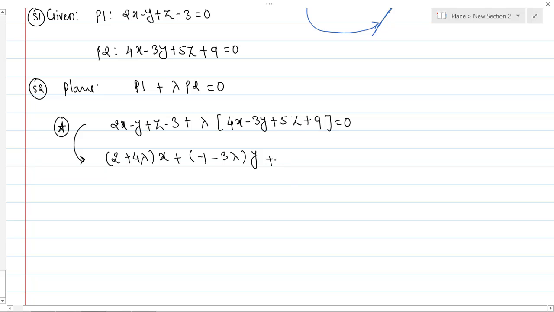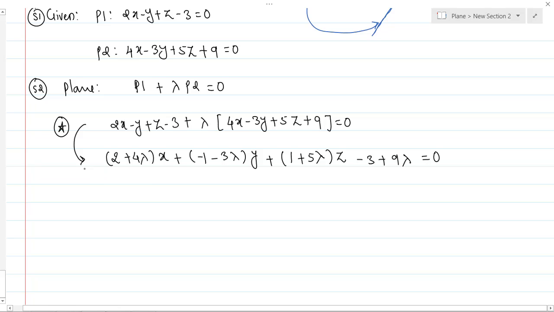Next you take z common. Here will be 1 and here will be 5 lambda, this is nothing but z. And finally we have minus 3 plus 9 lambda, this is equals to 0. Okay, perfect.